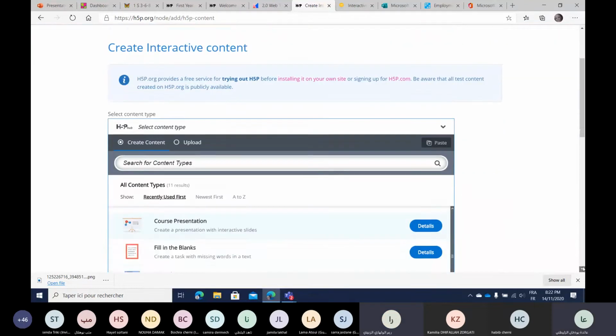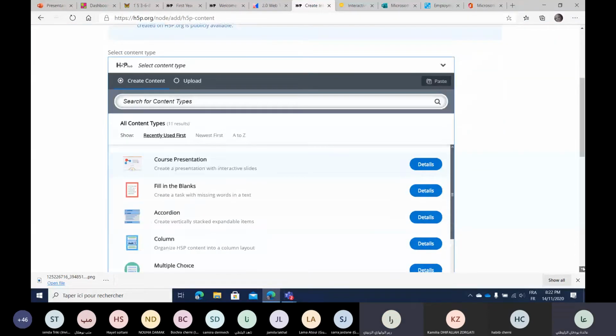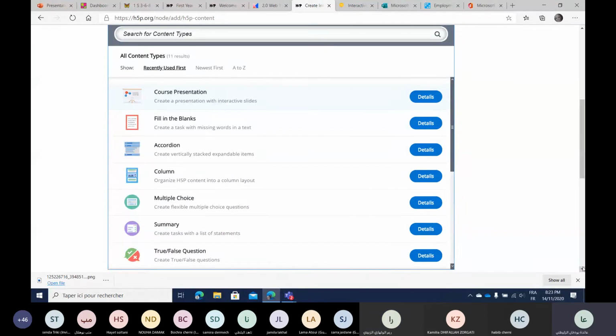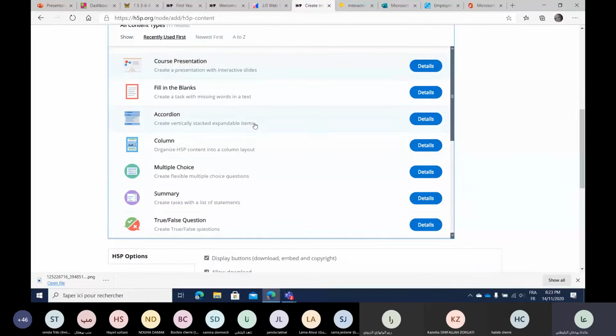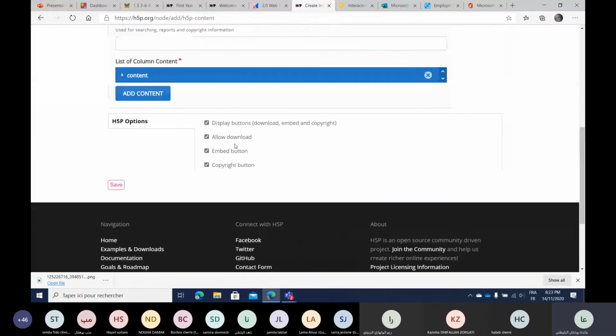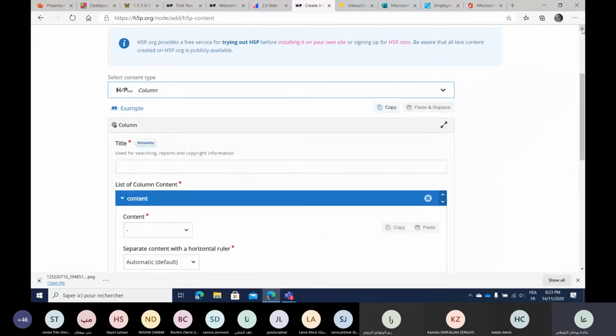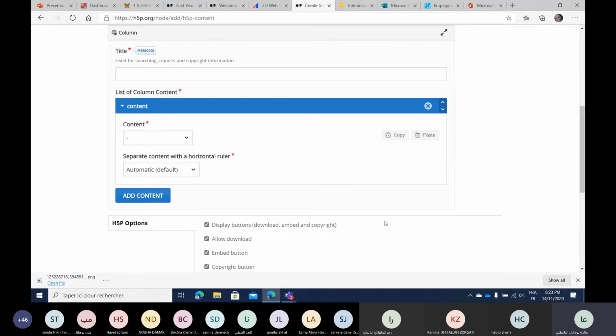There you will have a list of content types, from course presentation, fill in the blanks, accordion, column. This is what I was talking about. So I will show you the column content where you can include different tasks.